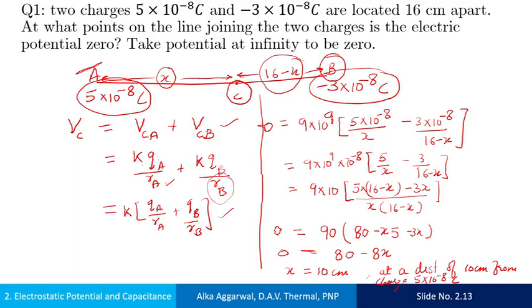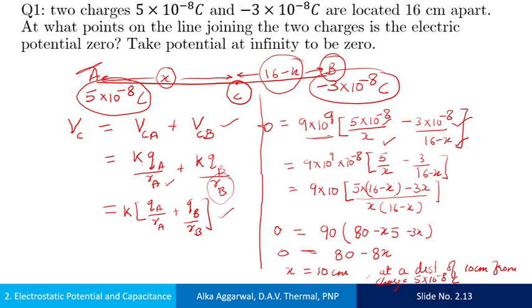Taking K common and substituting the values, 1 upon 4 pi epsilon naught is 9 into 10 to the power 9 Newton meter square per coulomb square, along with the value of the charge A and the charge B. Then RA is x and the distance BC is 16 minus x.